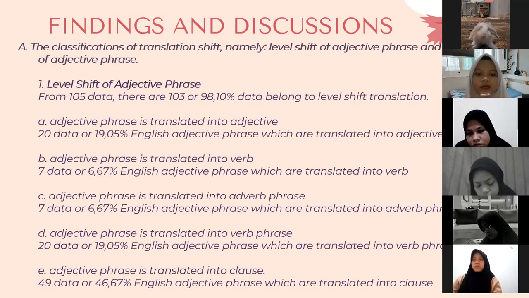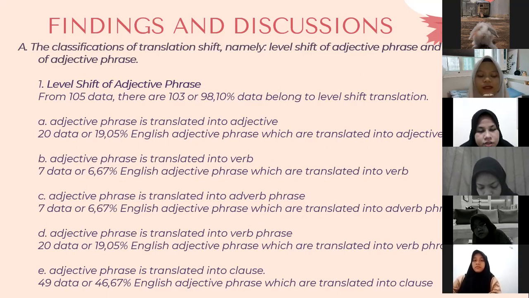The next is adjective phrase translated into adverb phrase. There are 7 data or 6.67% English adjective phrases which are translated into adverb phrase. The next is adjective phrase translated into verb phrase.